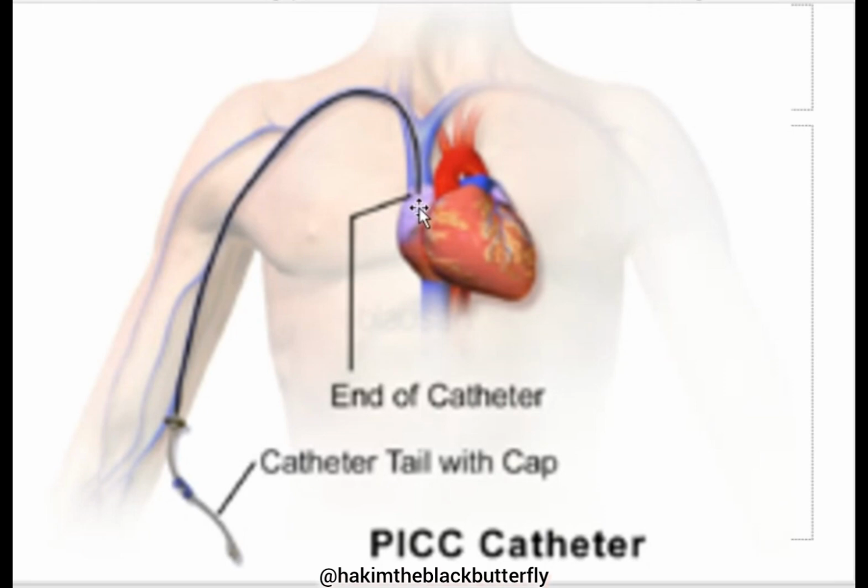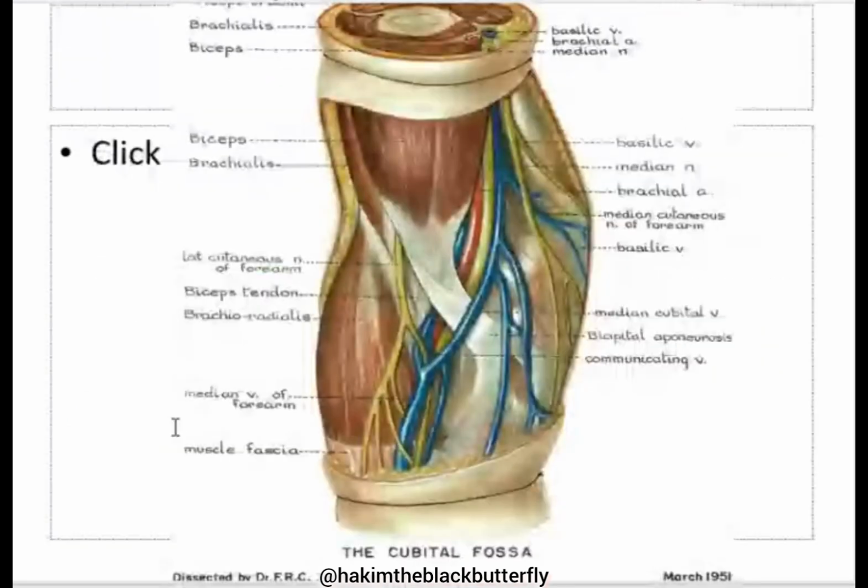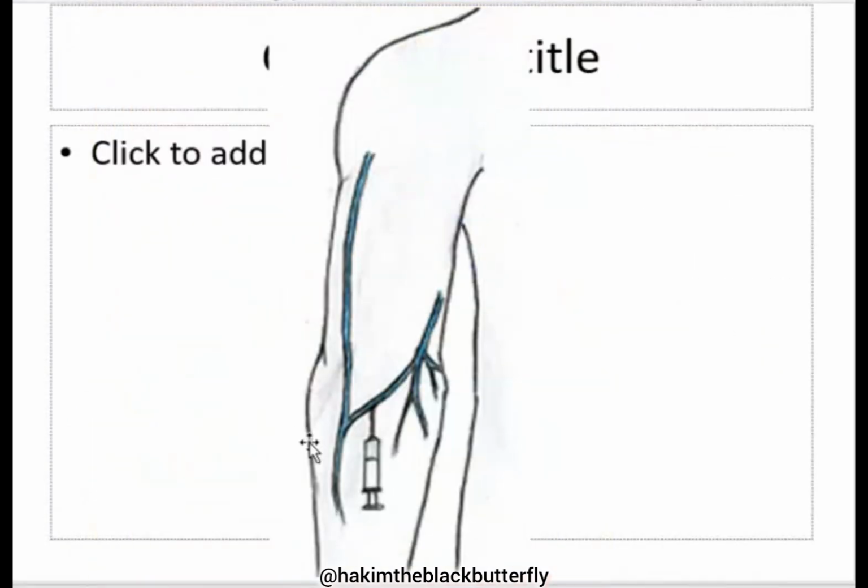of the heart, and they can inject a contrast medium there to outline maybe the chambers or blood vessels of the heart. This is one of the procedures used when accessing the veins of the roof of the cubital fossa. Those veins can also be used to draw blood samples.